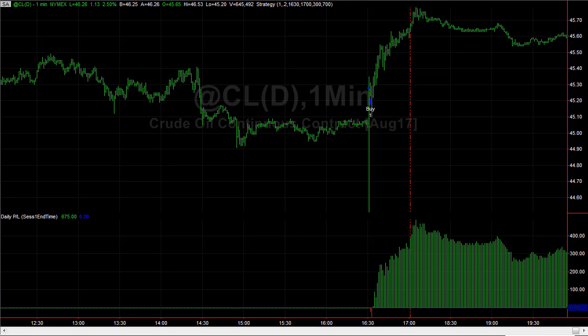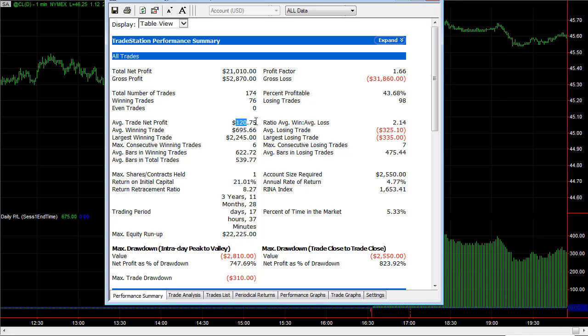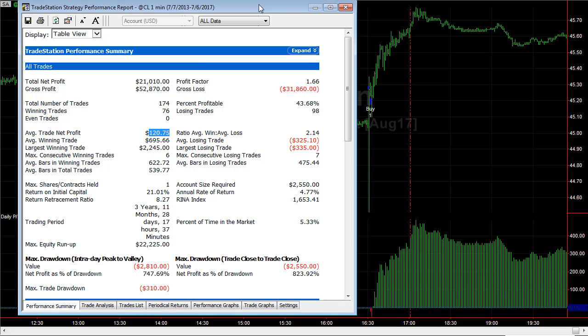So again, this is a strategy to take a look at to boost the hypothetical average trade profit and then the execution average trade profit versus crude oil after hours, because you're not already bracketing the market. When this comes up, you're waiting for the event, 1 minute after the event occurs, before you take this trade. And so I hope it helps. Let me know.